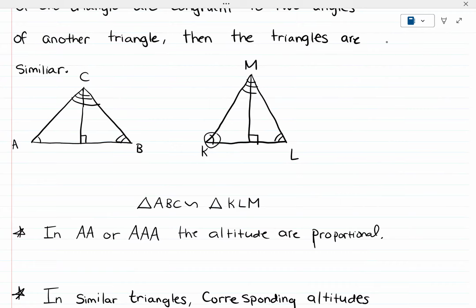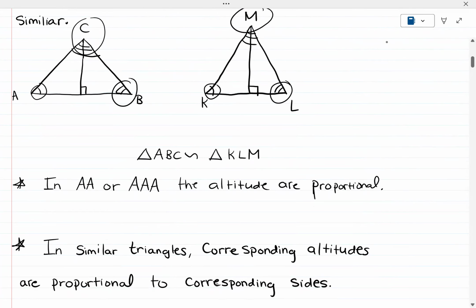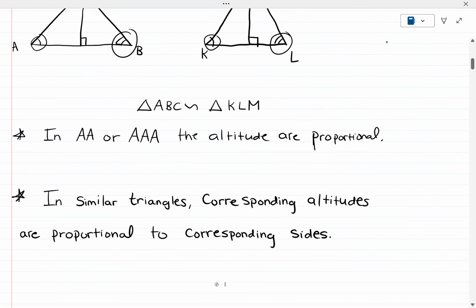Angle K is congruent to angle A. Do you see these two tick marks? Angle L is congruent to angle B. And these three tick marks, angle C is congruent to angle M. In similar triangles, corresponding altitudes are proportional to corresponding sides.